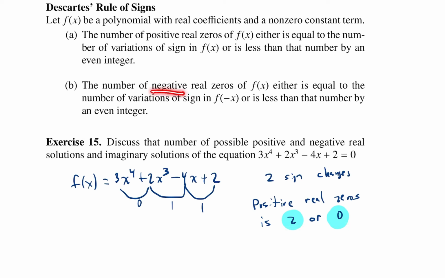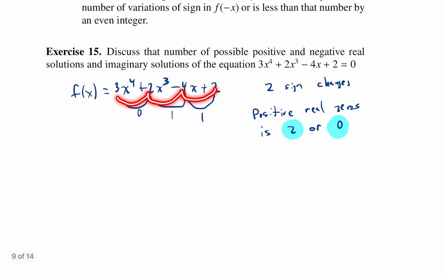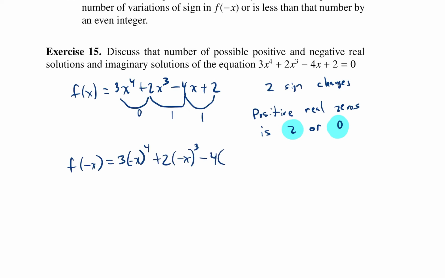And then we do the same thing for negative. However, we have to substitute negative x into the function first, and then count the number of variations in sign. So let's do that. F of negative x is going to be, so this becomes negative x to the 4th is just x to the 4th. This will become negative 2x cubed. This will become positive 4x, and this is plus 2.